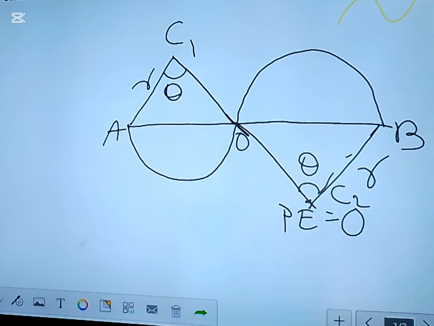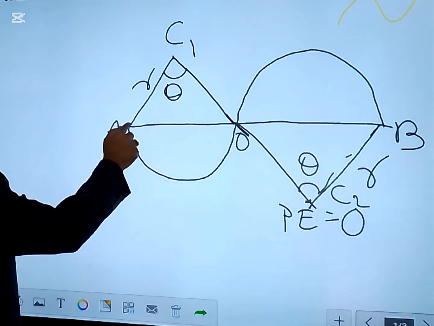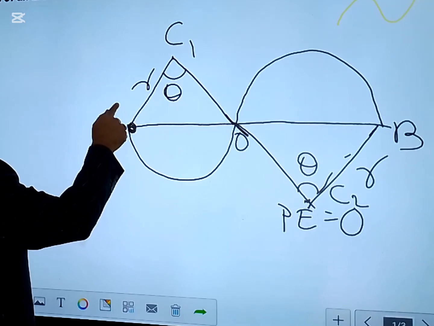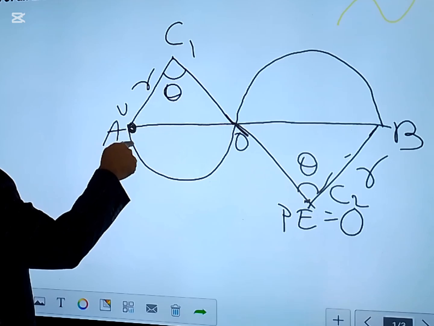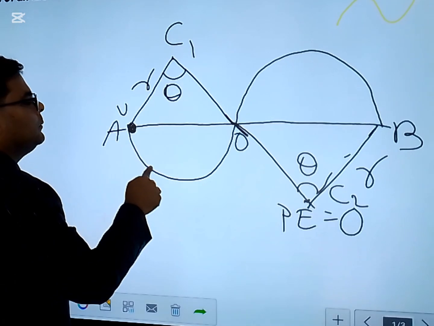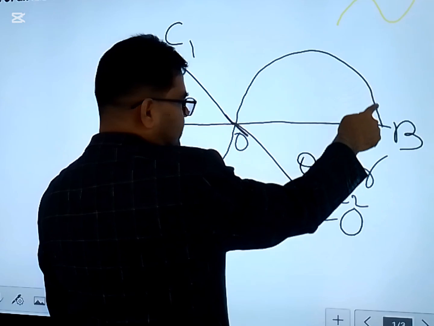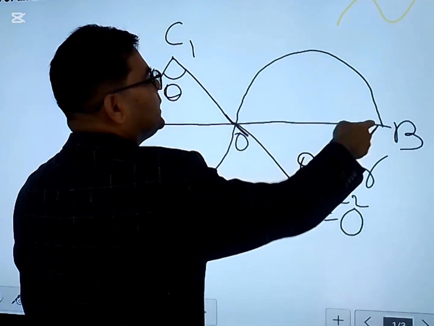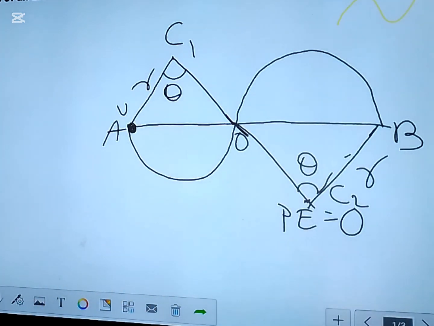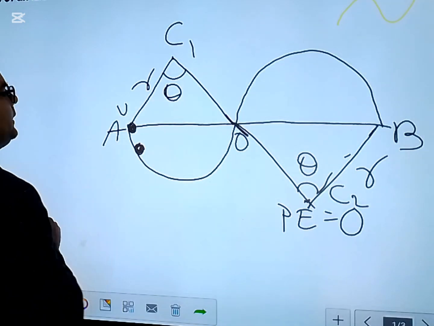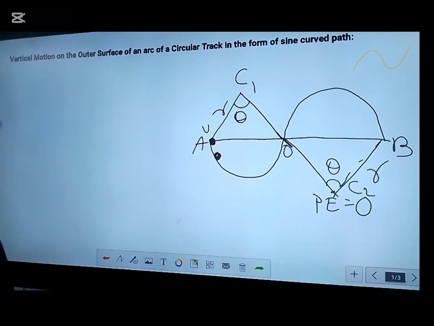Okay? So what we are concerned with is what will happen when an object is here. From here, if you provide some velocity u at this point, then you have to see how this object completes this sort of vertical motion while reaching from A to position B. So let's suppose that some object is here at this point.